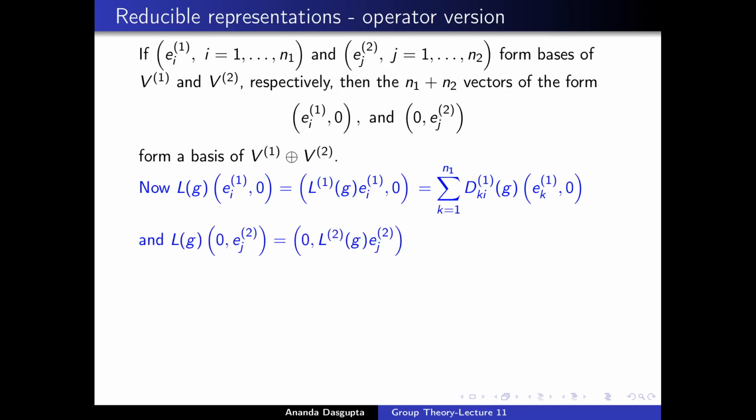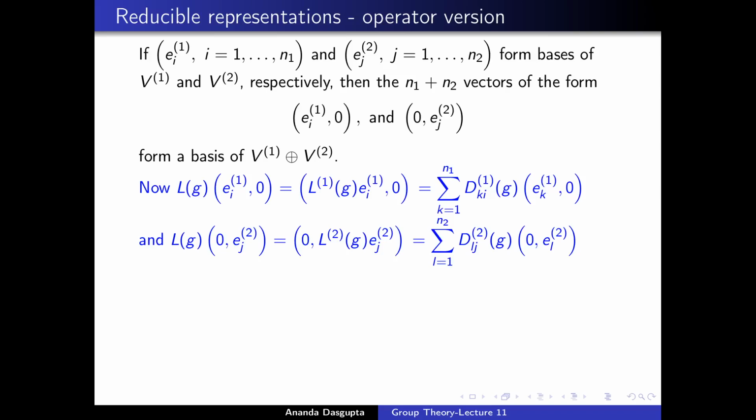Similarly, L(g) acting on (0, ej2) will just return (0, L2(g) ej2), and thus can be expanded in a sum from l equals 1 to n2 of Dlj2(g) (0, el2). This means that for the last n2 columns of the matrix equivalent of L(g), we will have zeros in the first n1 rows, and D2 elements will occupy the final n2 rows.